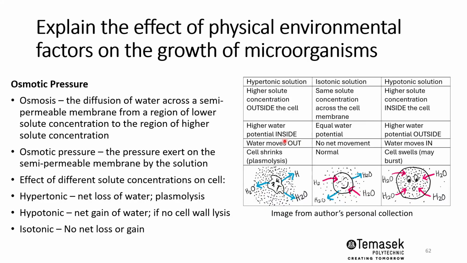So what happens to the cell? The cell shrinks. Water has been moving out, leading to cell shrinkage. This causes the cytoplasm to dehydrate and shrink from the cell wall, because the solute is higher in the environment than in the cell. This phenomenon we call plasmolysis.